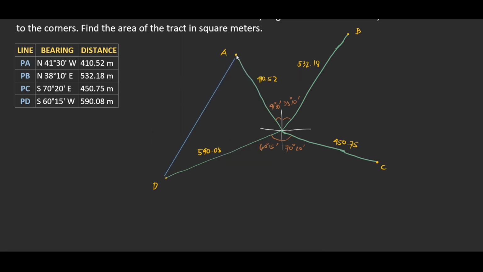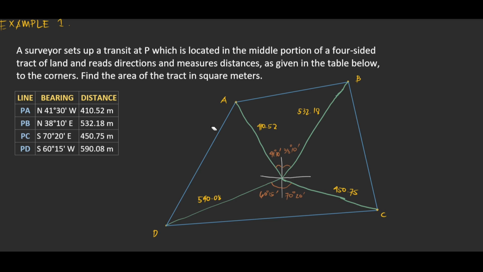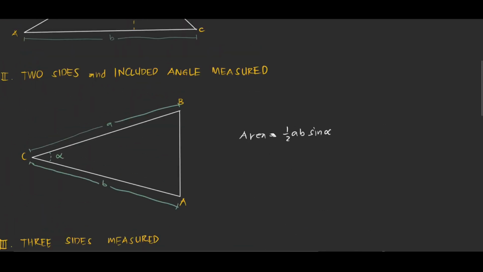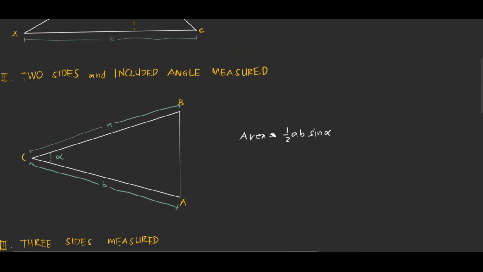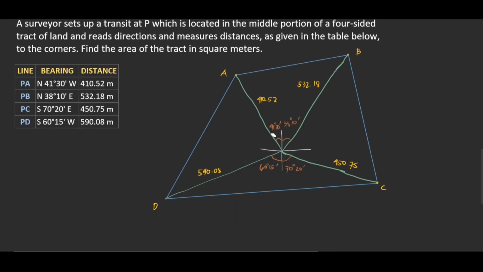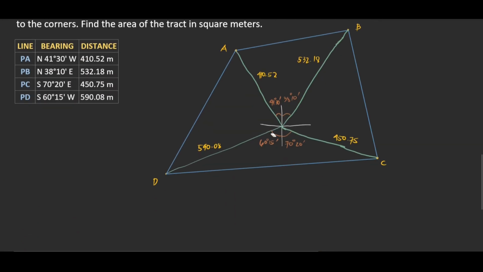Okay, so now that we have our figure here, so let's see what method we can apply here. So after looking at all of the given, you can immediately see that it is method 2, right? Two sides and included angle measured. Okay, so now let's do the computations.